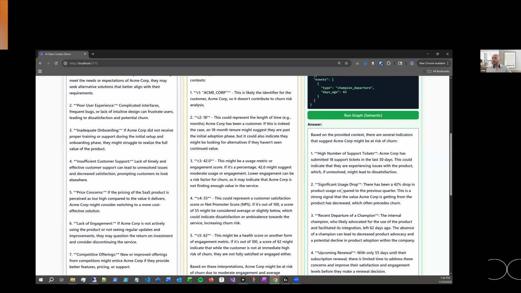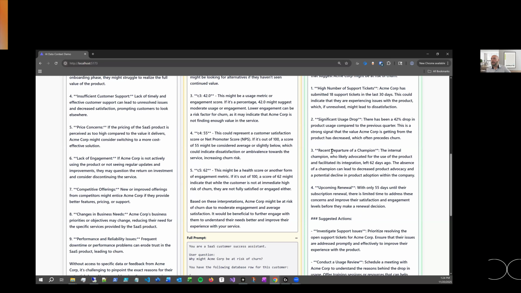And for each one of these, it's got really good understanding of the problem, right? There was an internal champion who likely advocated for the use of the product and facilitated its integration, who left 62 days ago. The absence can lead to decreased product advocacy, et cetera, right? So this is really good.